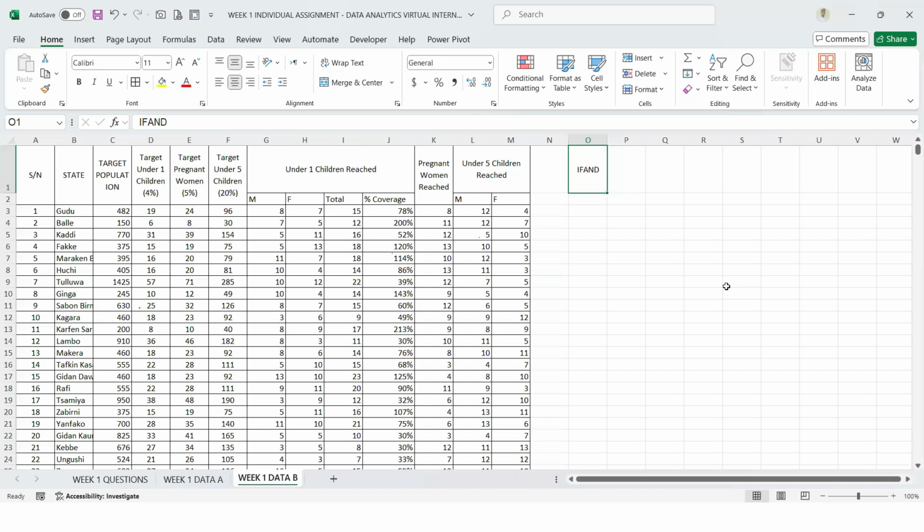But now you are going to give two criteria, and these two criteria must be true for you to return the true expression. Otherwise, you will see the false expression. For example, what example am I going to give?